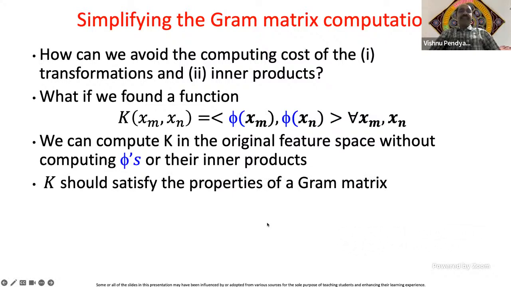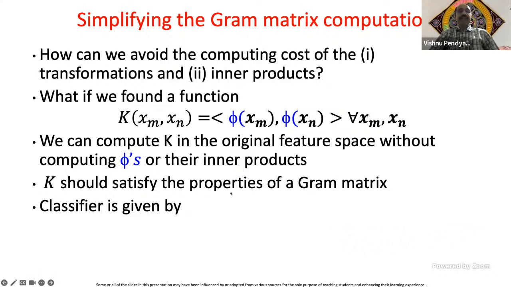But remember, k is representing a gram matrix, right? So it should satisfy the properties of a gram matrix, and a gram matrix is basically a matrix of inner products. That is something we need to spend some time on.